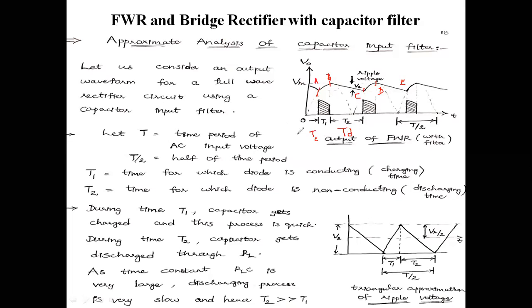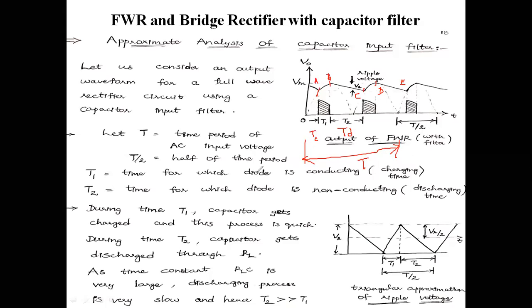The time period covers the positive half cycle as well as the negative half cycle. Capital T is the time period of the AC input signal. T by 2 is half of the time period.